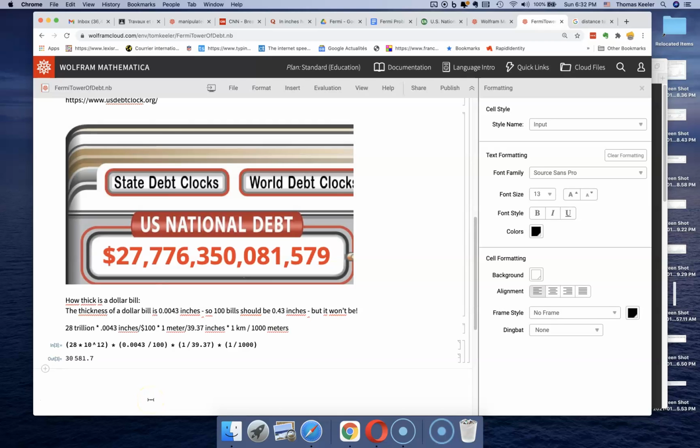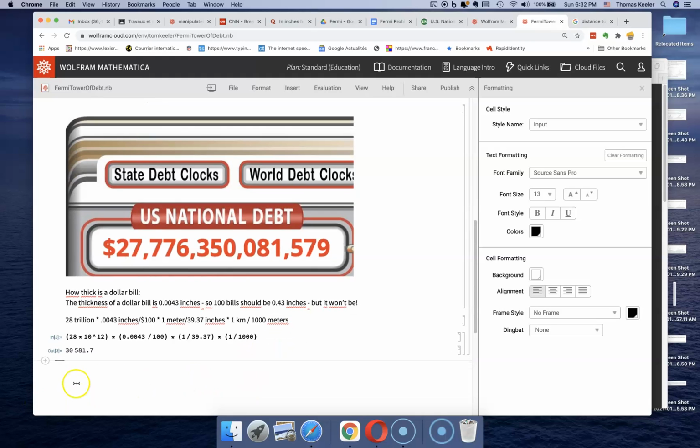Okay, so that seems a lot different. That is a mere 30,000, so it wouldn't get us to the moon at all. So I'm not sure about that, but that's our calculation.